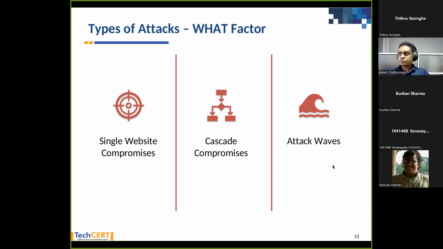And in most cases of attack waves, we have seen that attackers try to find a particular string to fingerprint the website CMS, and they do a Google dork, get the list of websites, and plant backdoors.